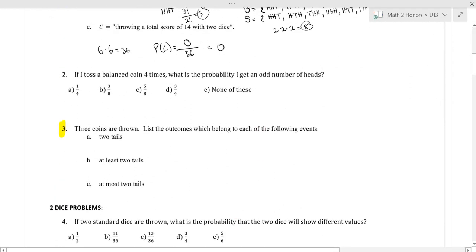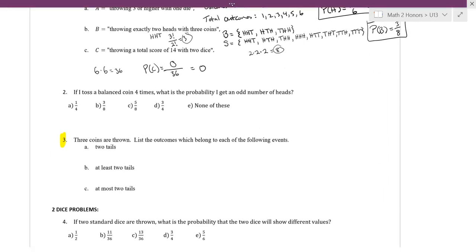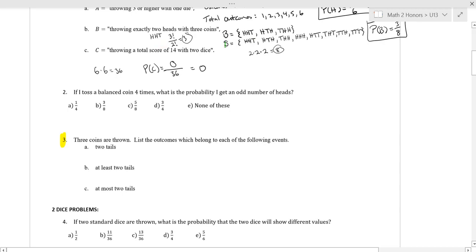Okay. Number 3, 3 coins are thrown. List the outcomes which belong to each of the following events. So in all of these, they deal with 3 outcomes, and so I'm just going to refer to what I'm highlighting in green here, because that's the sample space for when you flip 3 coins.